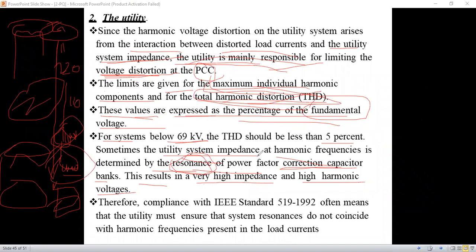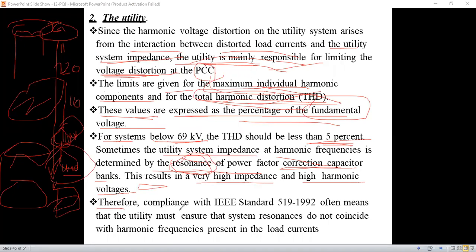This results in very high impedance and high harmonic voltage. So we have to limit that here; plus 5% is acceptable here. Other than that, the harmonic distortion, that is the voltage distortion, is not acceptable.